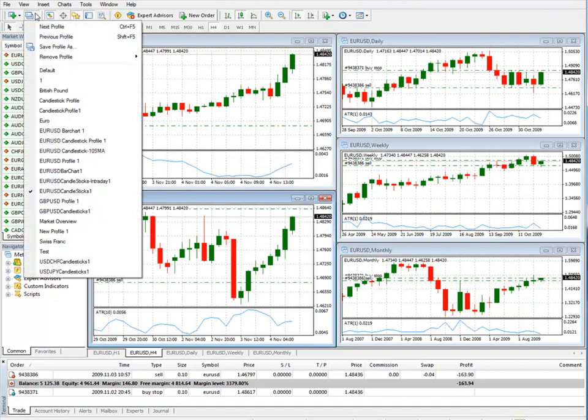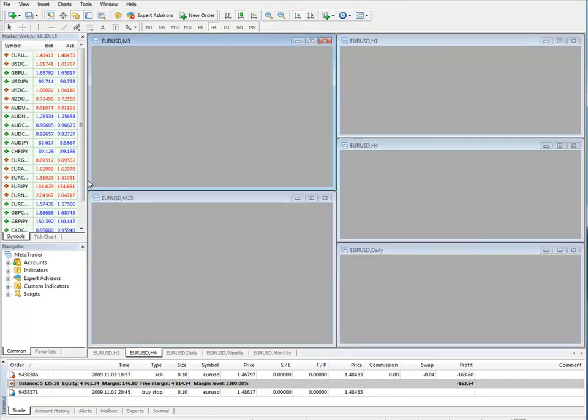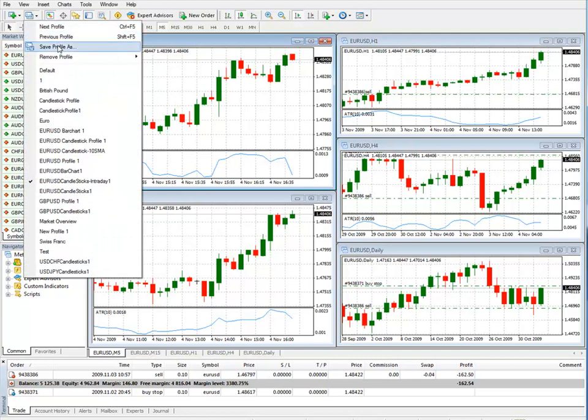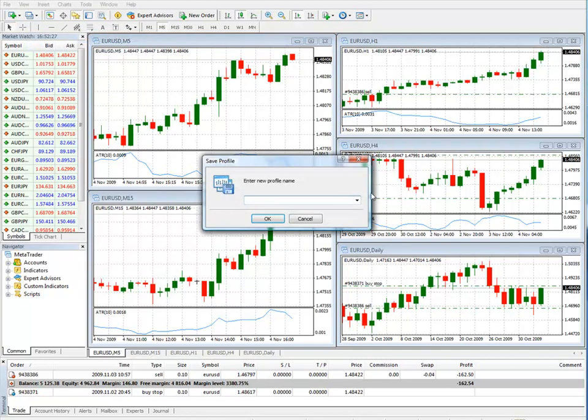So we'll leave this, close that down, and what I'd like for you to do is go over to your profiles, and remember we had a euro dollar US dollar candlesticks intraday 1. So click on that and open that up. Okay, there we are. Now, what I'd like for you to do here is go to profiles again and save profile as.